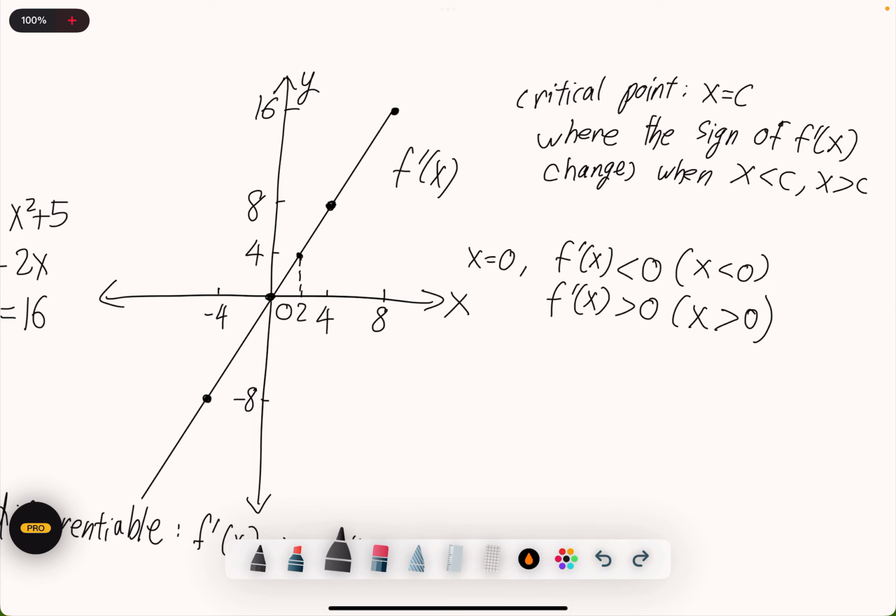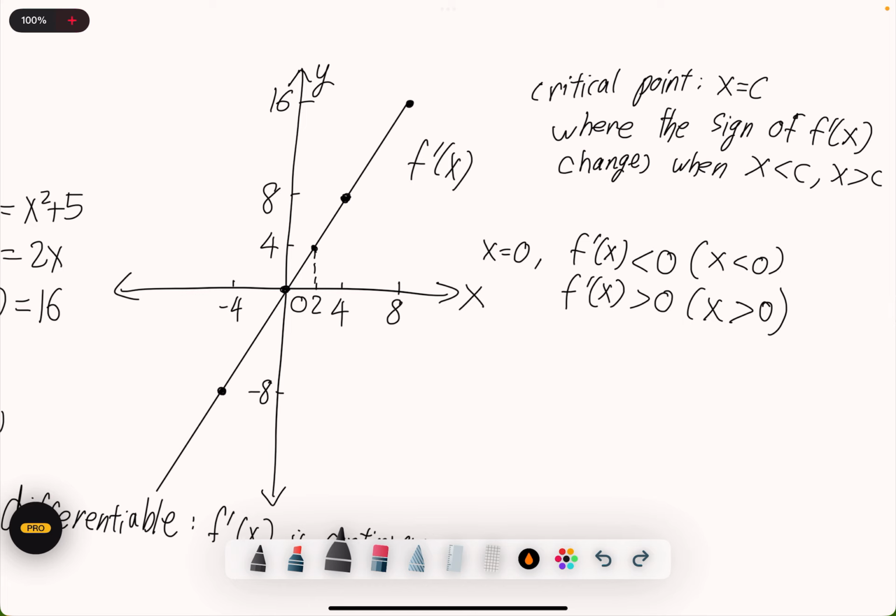Essentially we can classify x equals c, this critical point, into two types. Type number 1 is the relative minimum.